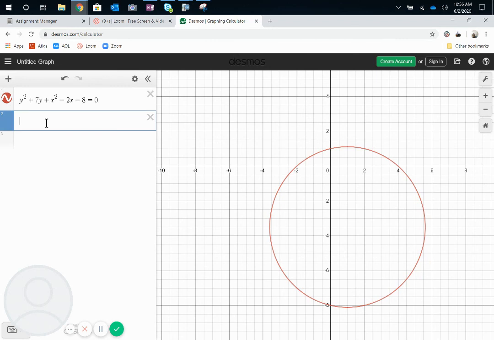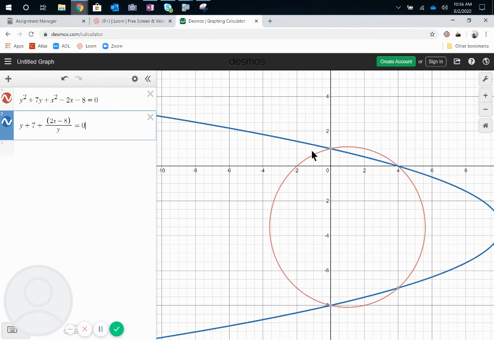Now our second graph will be y plus 7 plus 2x minus 8 divided by y equals 0.